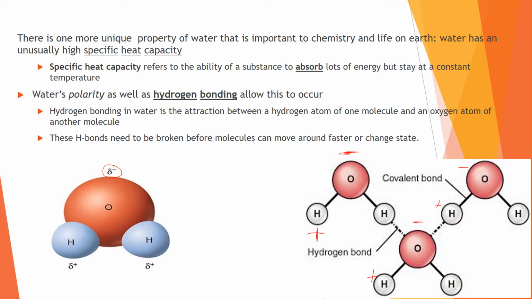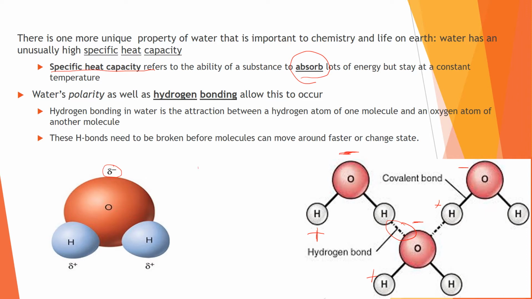Now, because there's this little bit of an attraction here, it takes energy to break apart these water molecules from each other. So specific heat capacity refers to the ability of any substance to absorb energy. Because water has these hydrogen bonds between water molecules, there's a little bit of an attraction there. It takes a lot of energy to break apart these hydrogen bonds, and because of that, water can absorb quite a bit of energy.